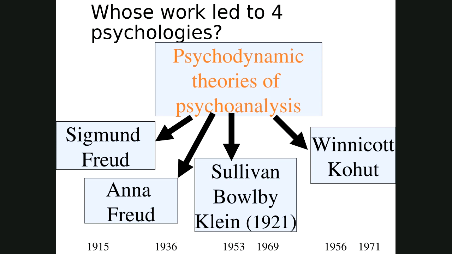Later on, in the 50s to the 70s, there were folks who were also psychodynamically oriented, but who viewed patterns in expectations and roles in relationships as being fundamental and critical. Sullivan, Bowlby, Erikson, Klein, all of these folks talked about patterns of being and relating with others that constitute the object relations theorists.